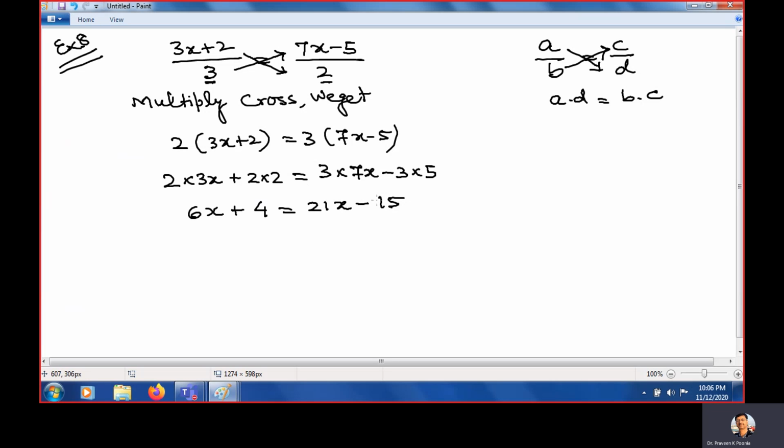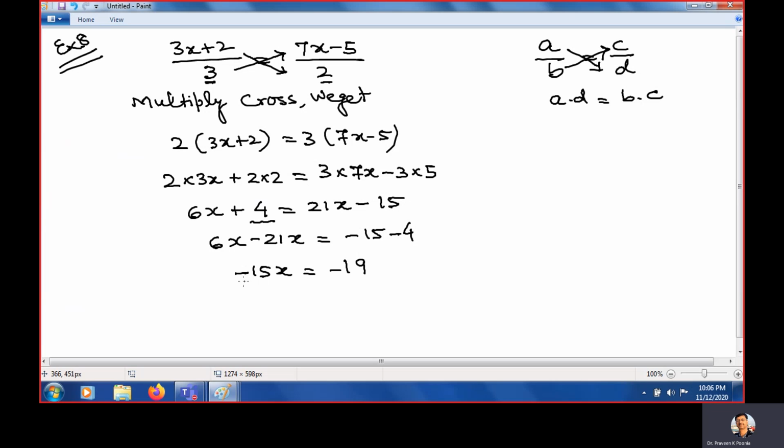Now club together. What is it? 6x minus 21x is equal to minus 15, and this plus 4 will become minus 4. So 6x minus 21x is minus 15x. Minus 15 minus 4 is minus 19.